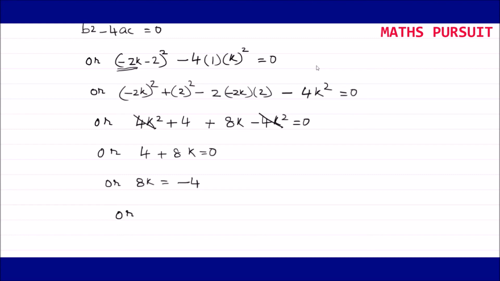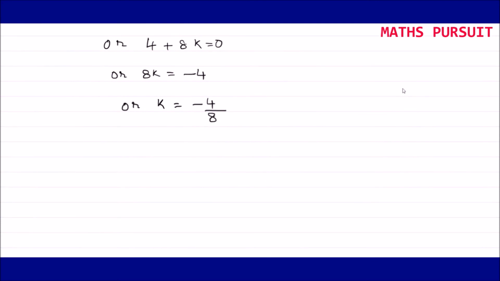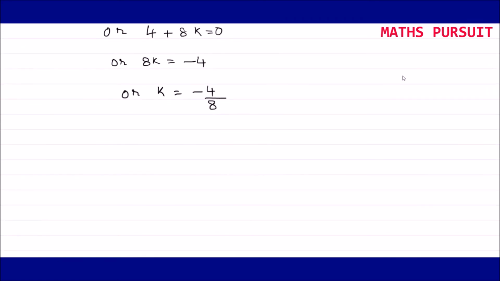Or k is equal to minus 4 upon 8. In the next step, k is equal to minus 1 by 2, since 4 ones are 4 and 4 twos are 8. So this is the value of k, guys. This is what is being asked in the question, and we are able to find the value of k as k is equal to minus 1 by 2.